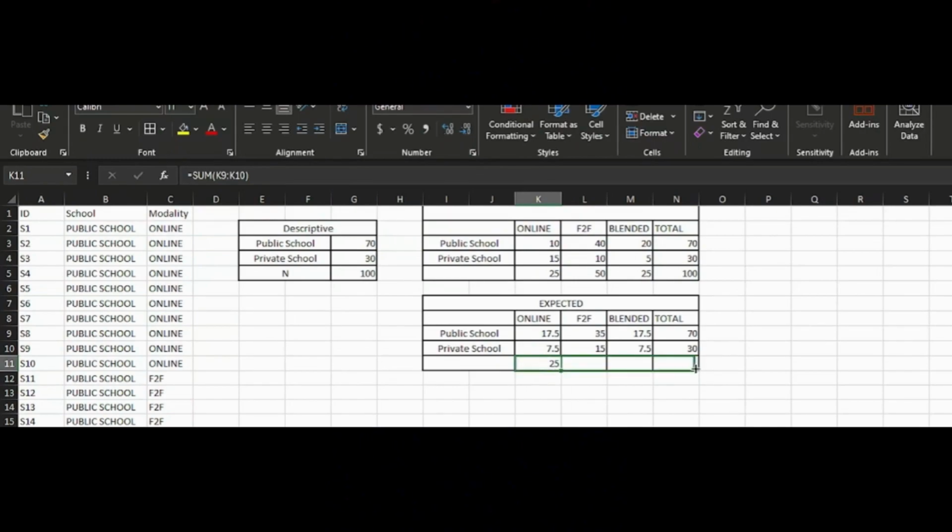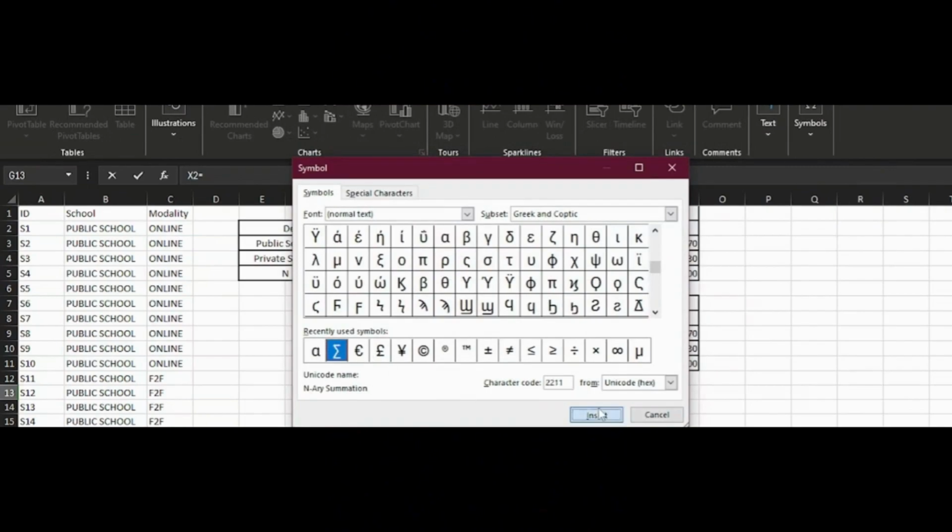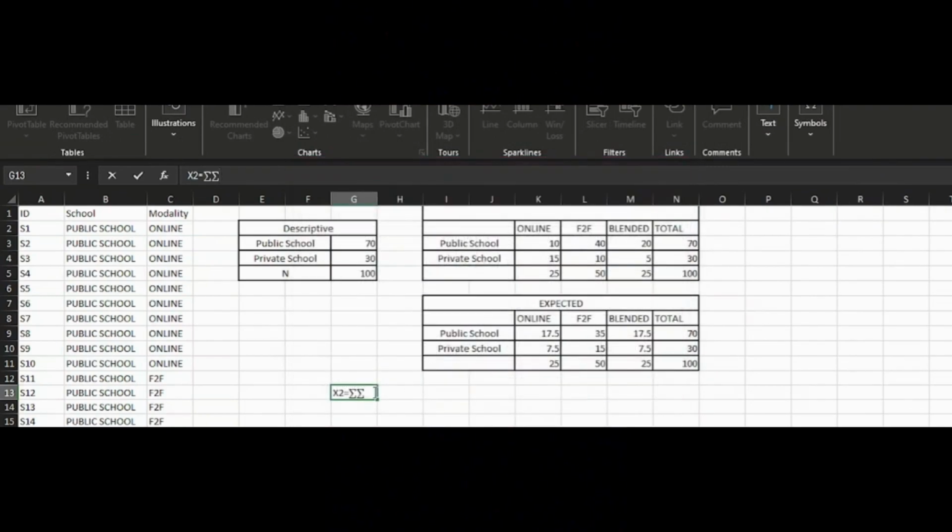Once you have the expected values, we can now proceed to the chi-square test. Remember, our chi-square test formula is chi-square equals the sum of (O minus E) squared over E, where O is the observed value while E is the expected value.